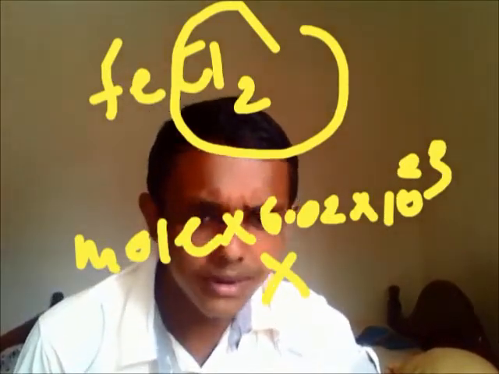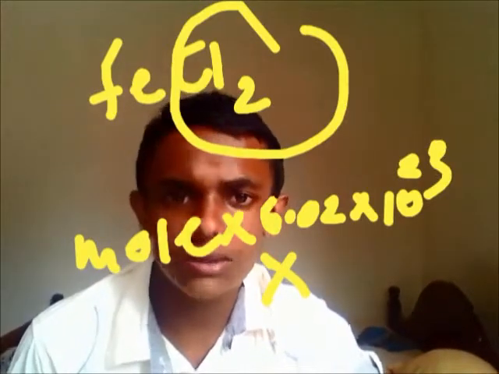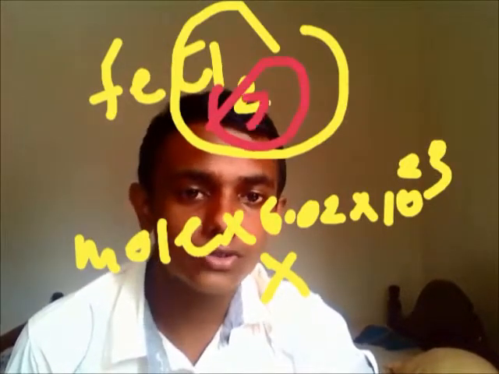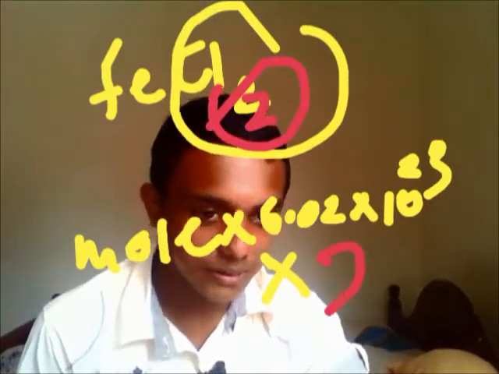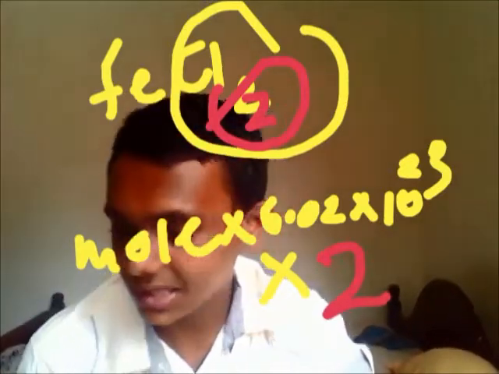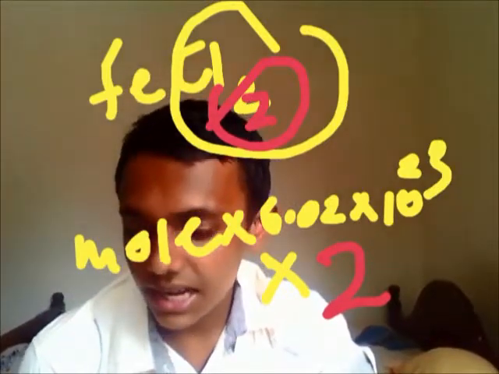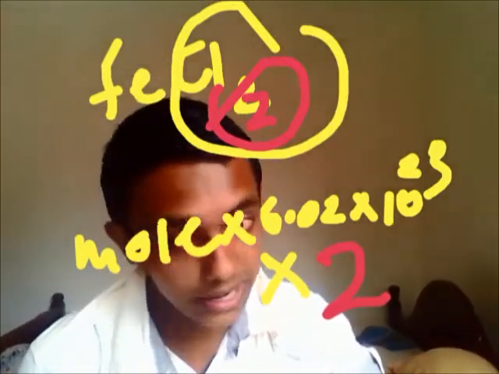The number of ions in the formula is 2, because there are 2 Cl minus ions, so you need to multiply this by 2. So this is how to calculate the number of particles from an ionic formula.